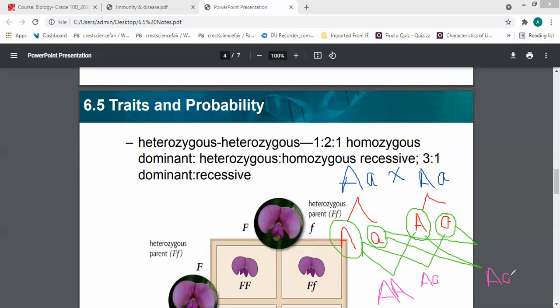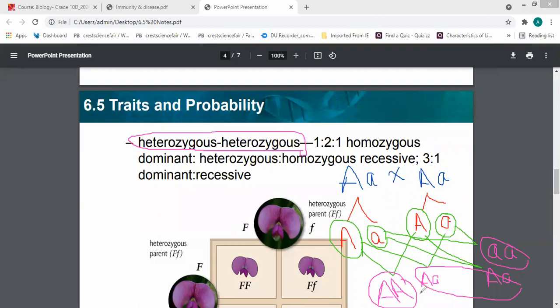So it will be capital A, small a, or small a, small a. This is the probability in case of two heterozygous parents. In the offspring, you can see one homozygous dominant, one homozygous recessive and 2 heterozygous dominant.